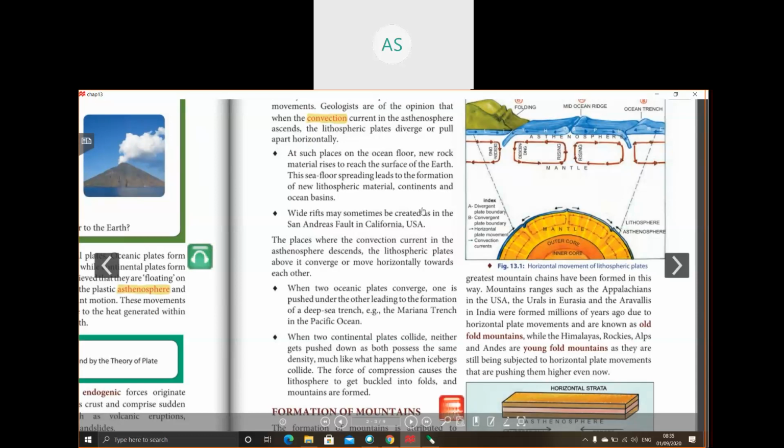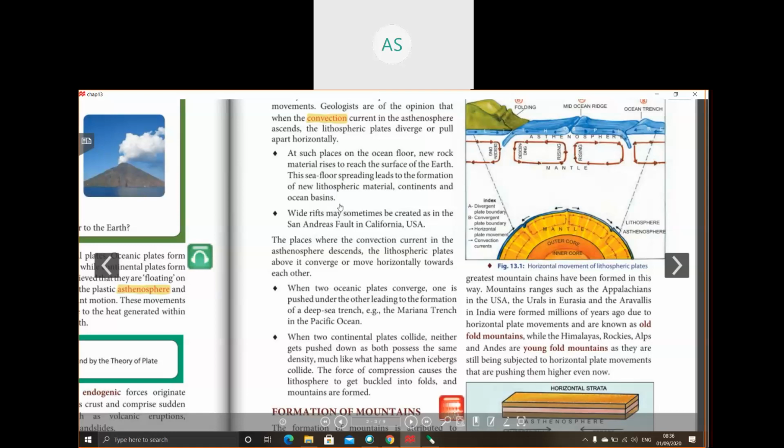Okay, at such places on the ocean floor, new rock material rises to reach the surface of the earth.